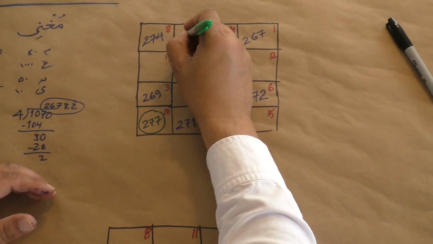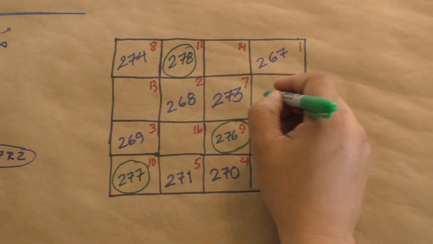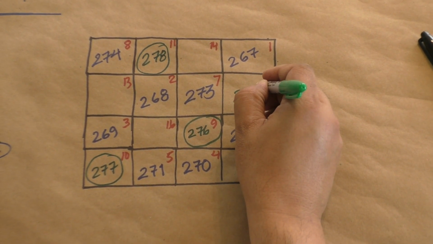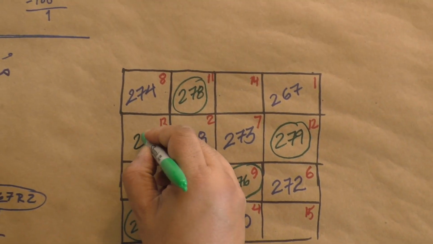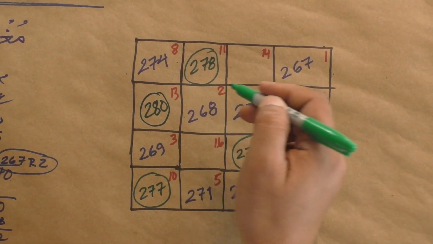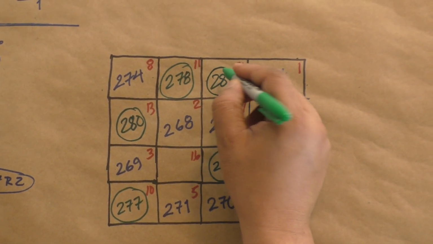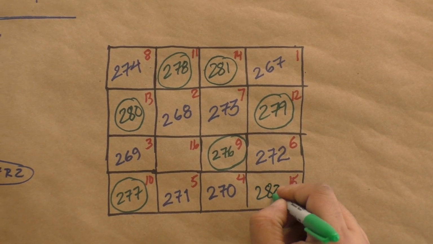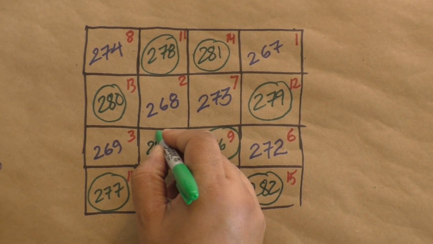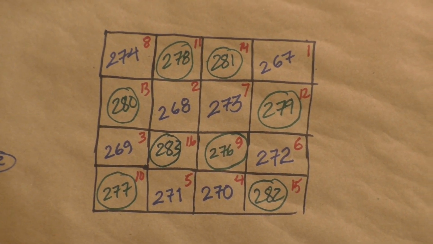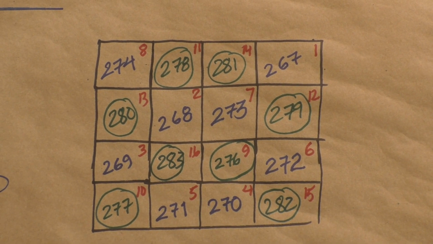Cell 11 will be 278, 279, 280, 281, 282, and 283.